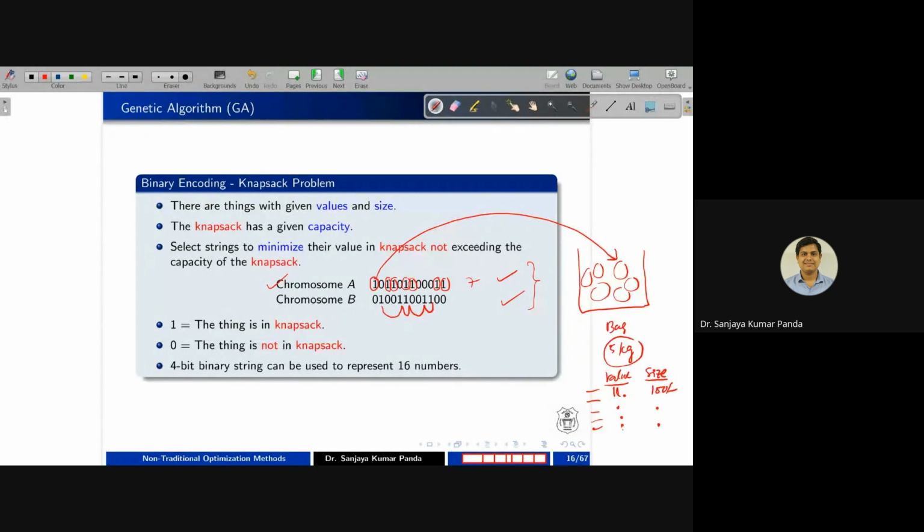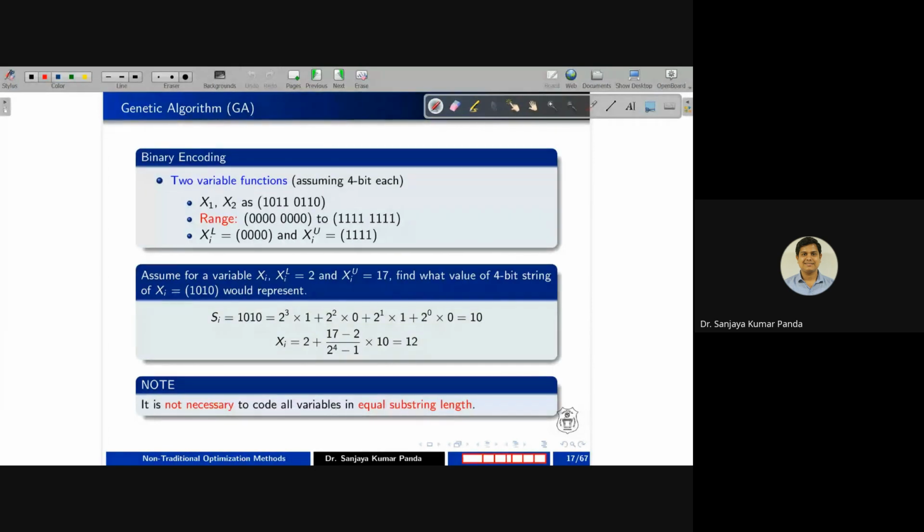For example, see these examples, the idea will be more clear. Let us consider there is a 2-variable function. One variable is x1, another variable is x2. Each variable is represented as a 4-bit binary. So x1 is represented as a 4-bit binary, x2 is also represented as a 4-bit binary.